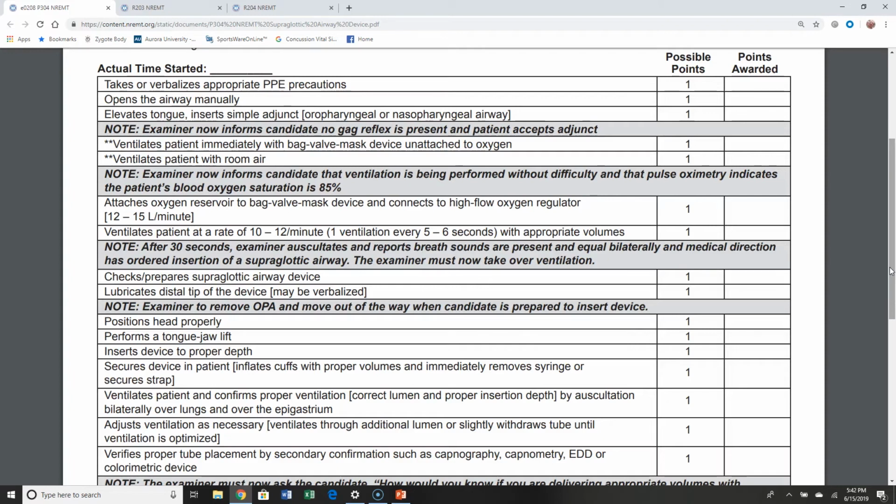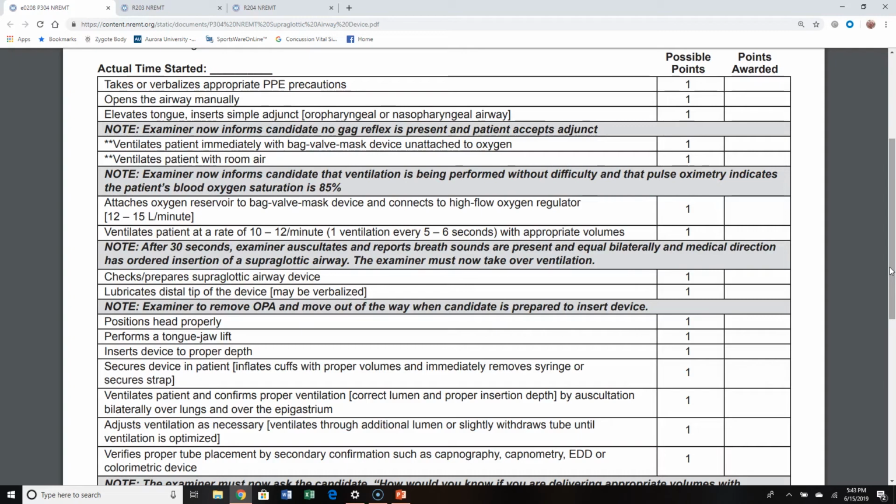And something like the iGel has no inflation to it. It's a little bit more streamlined. We always want to lubricate any supraglottic airway. That is important, because without it, we are going to have trouble getting the airway in quickly, and also run the risk of creating some pretty nasty trauma to the patient's airway.